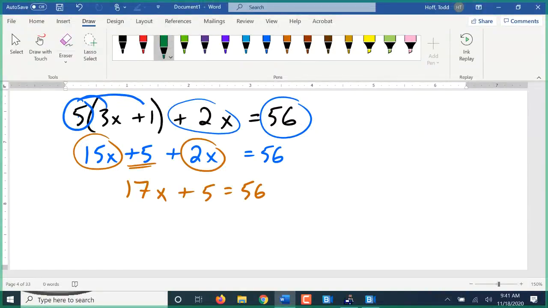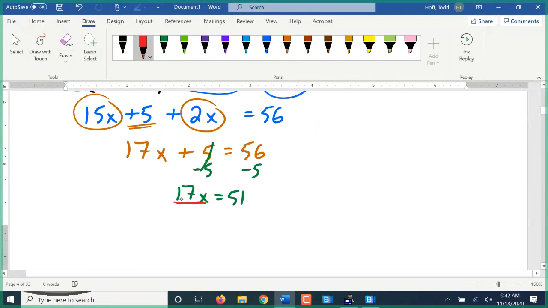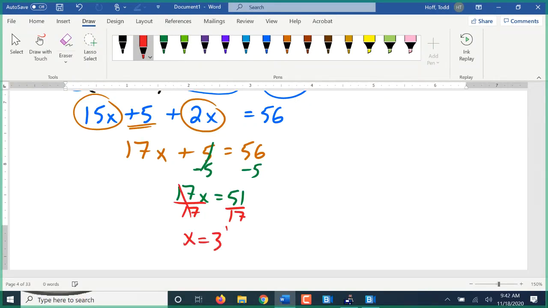The variable is on only one side, so we can go ahead and solve. Subtract 5. 17x equals 51. Now we'll divide by 17. x equals 51 divided by 17 is 3. So we get x equals 3.